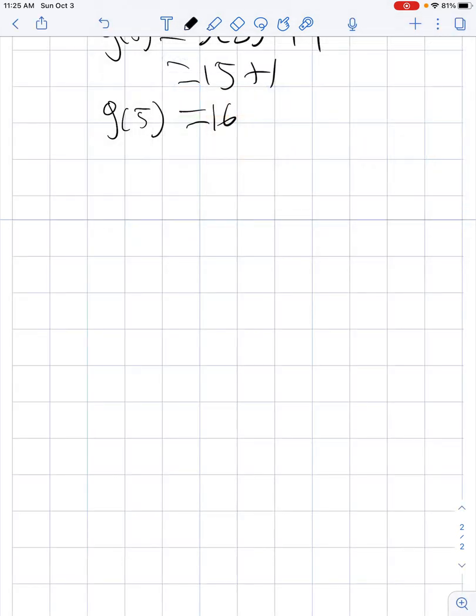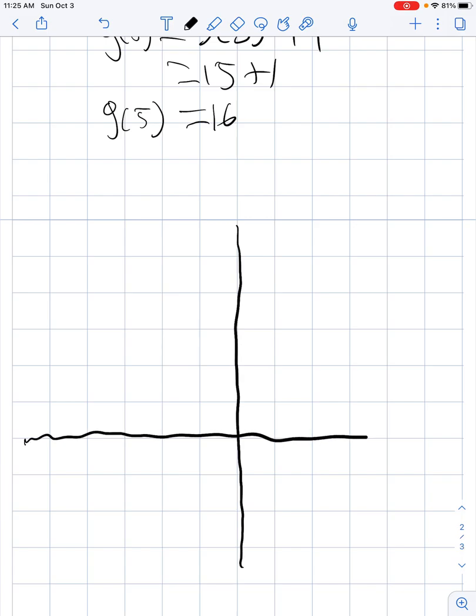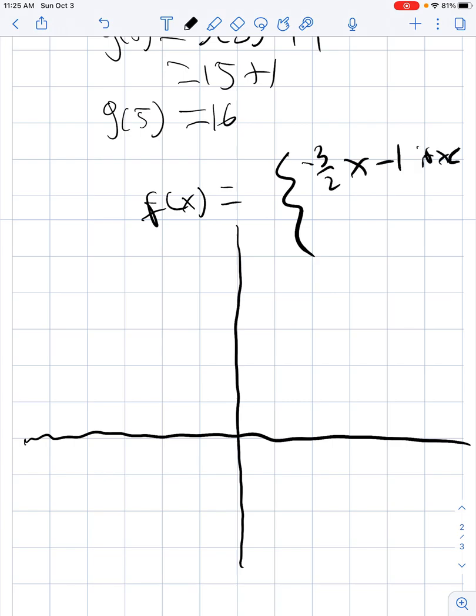So let's look at a graph of a piecewise function. So if I have something that looks like this, and my functions are going to be f of x equals negative 3 over 2 x minus 1 if x is less than 2. x plus 1 if x is in between negative 2 and positive 1.